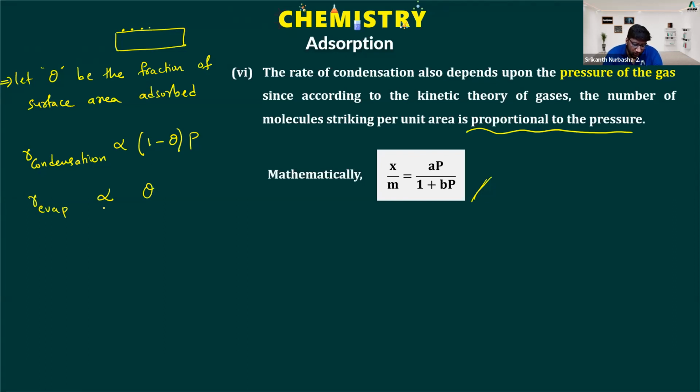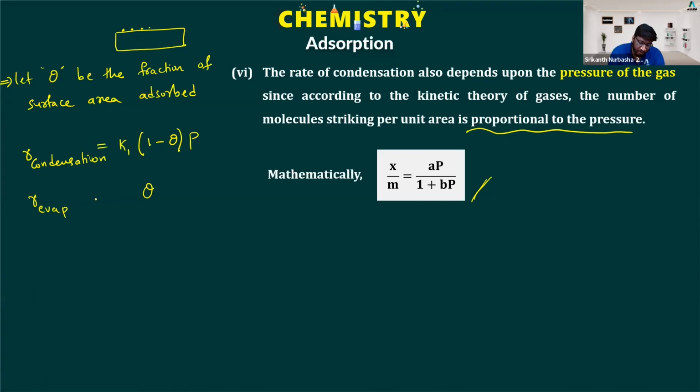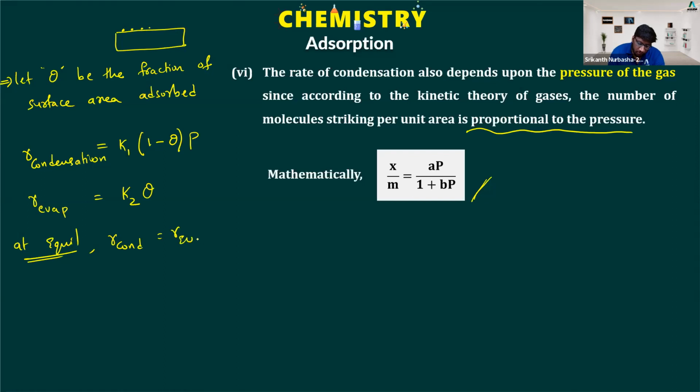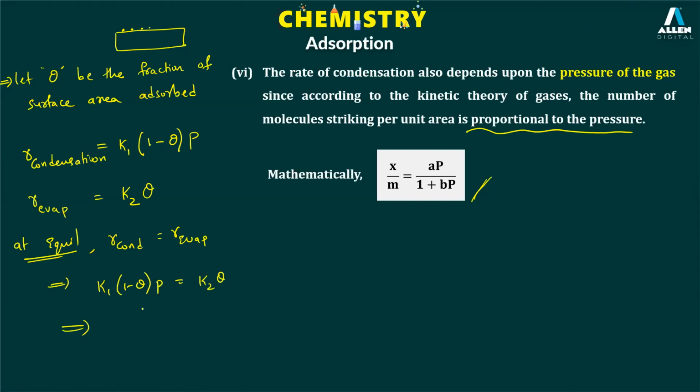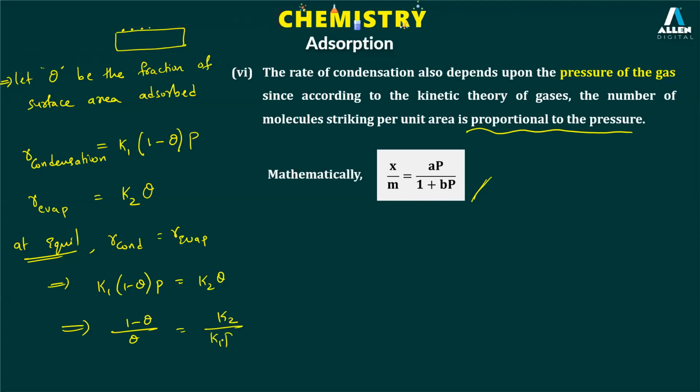Rate of condensation, rate of evaporation we have written. So for the proportionality, if I try to remove it, I can write K1 and also K2 here. At equilibrium, what happens? Rate of condensation is equal to rate of evaporation. That means from here I can write K1 into 1 minus theta into P should be equal to K2 into theta. So from here I can eliminate 1 minus theta, and theta is equal to K2 by K1P.